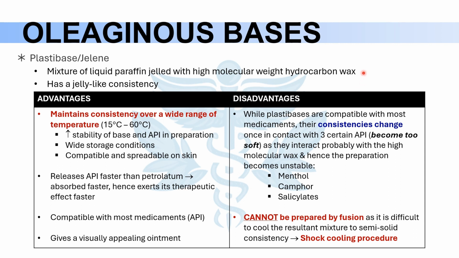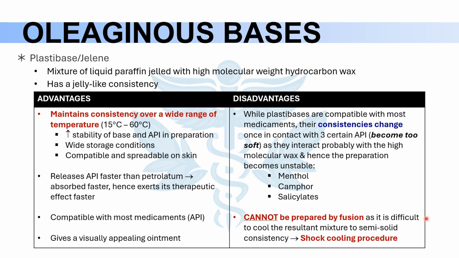Remember, we said that one of the components of plastibases was high molecular weight hydrocarbon wax. So these three active constituents will interact with it, and this interaction makes the preparation unstable, and the result is that the ointment loses its semi-solid consistency and instead becomes a viscous liquid. Therefore, if we want to use plastibases as our ointment base, we need to keep this in mind.